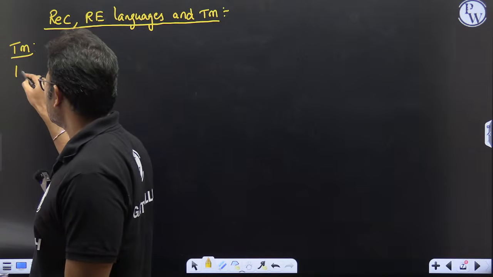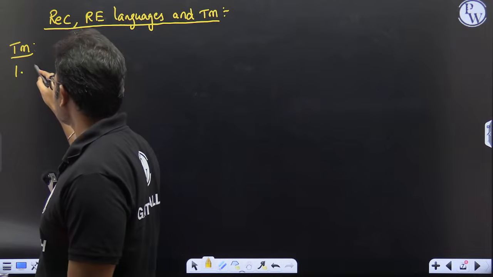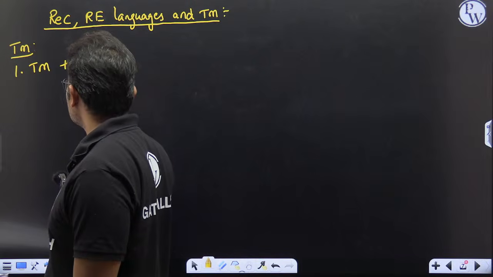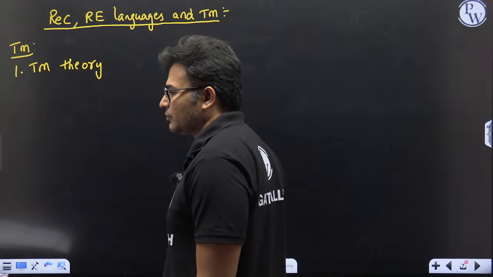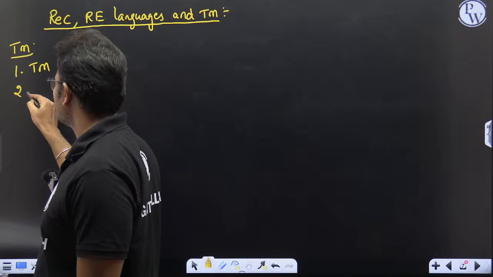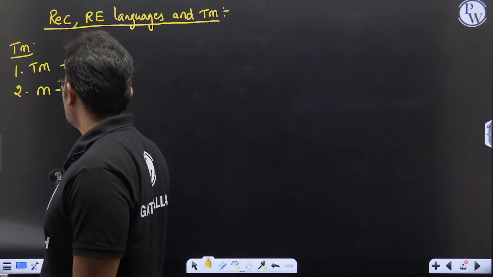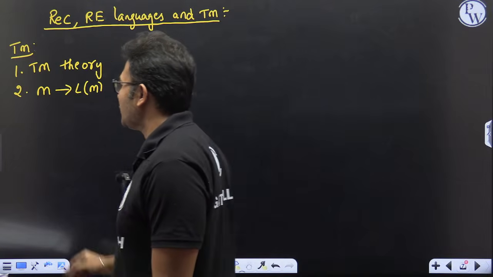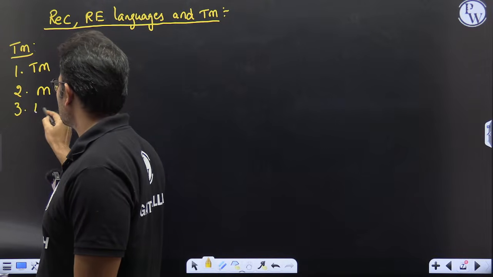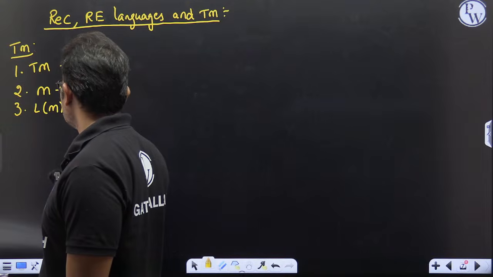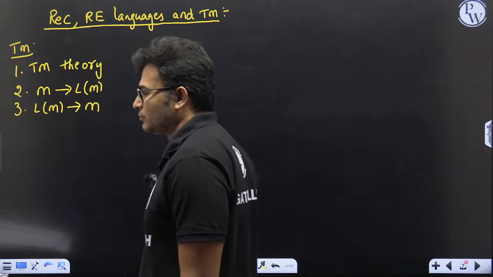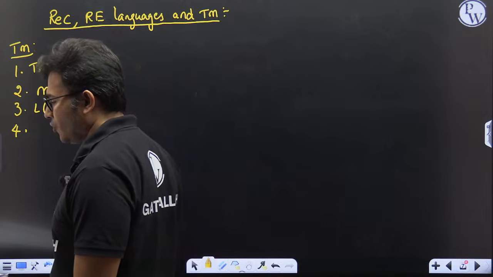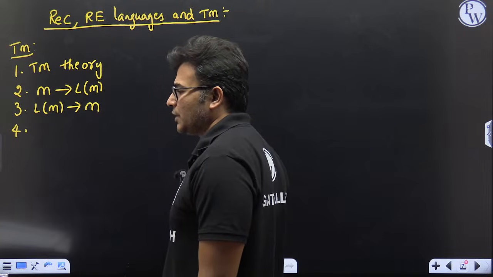One is Turing machine theory, where we study the theory of Turing machines. The second one is machine to language of the machine conversion. The third one is language of machine to machine conversion. And the fourth one is Turing machine as a transducer.